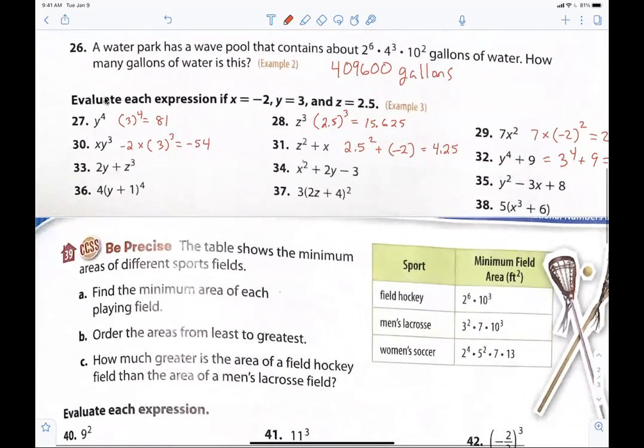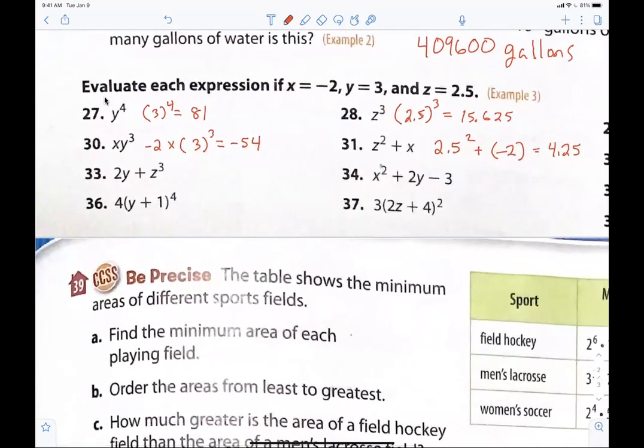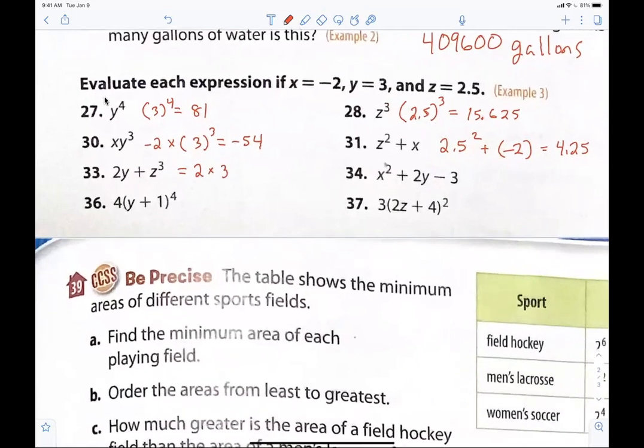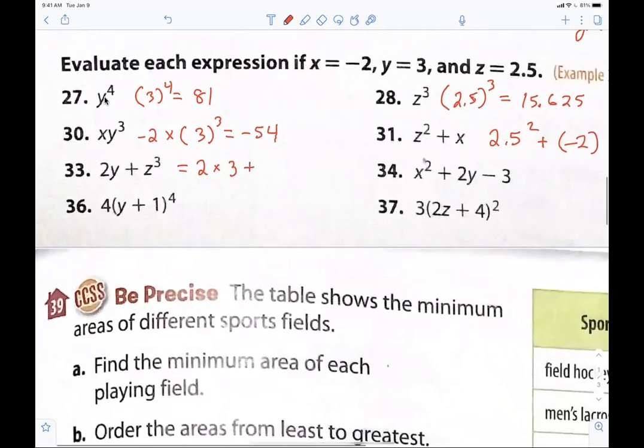All right. 33, Wilson. So it's 2 times 3, plus 2.5 to the third power. Yes.